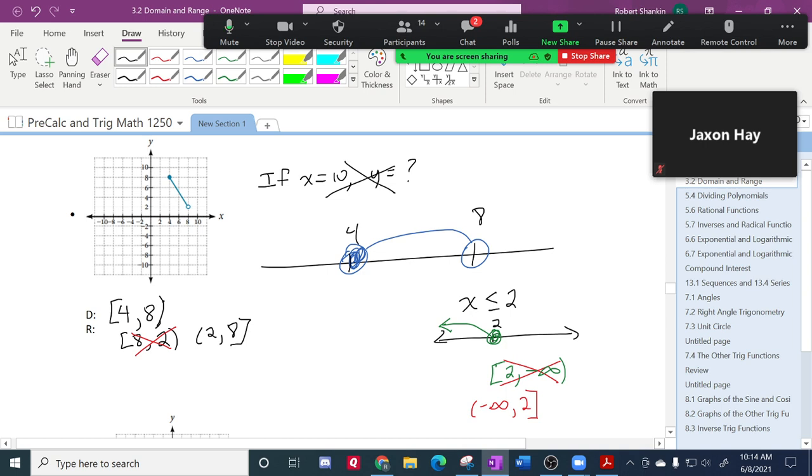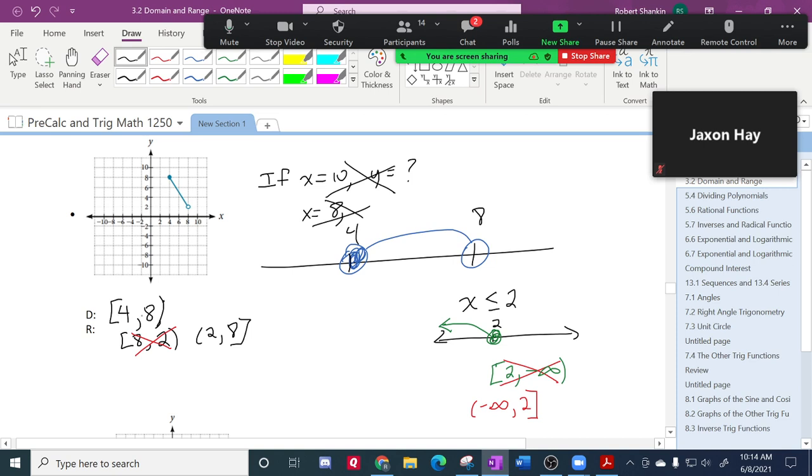So the only questions you're allowed to ask is if x is, and x has got to be a number between 4 and 8. But x could be 4, but x can't be 8. If x is 8, well, no, you don't get an output of 2. If x is really close to 8, like 7.9, you're going to get really close to 2, a little bit bigger than 2, but when x is 8 itself, y can't be determined.